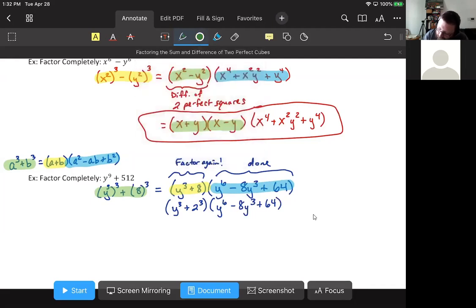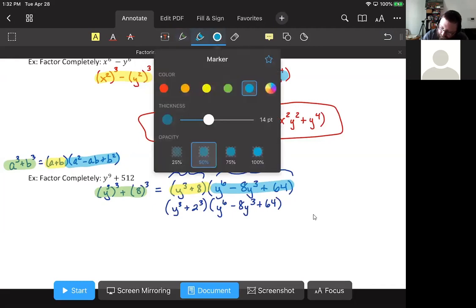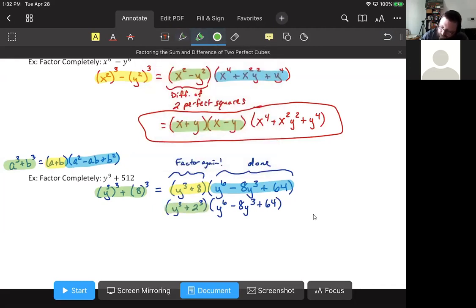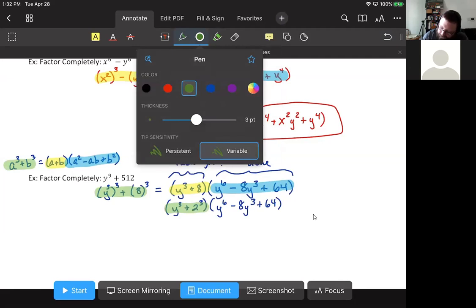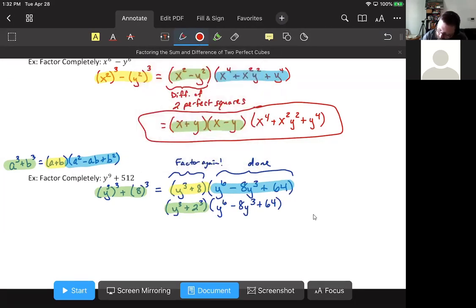But this part is now the green. It's now the green portion. It factors again. So it will factor into y plus 2 times y squared minus 2y plus 4. And then we will still have the blue trinomial sitting on the end.